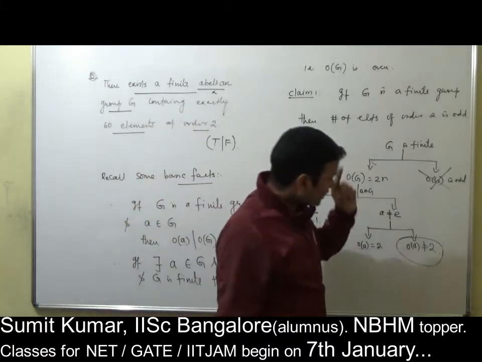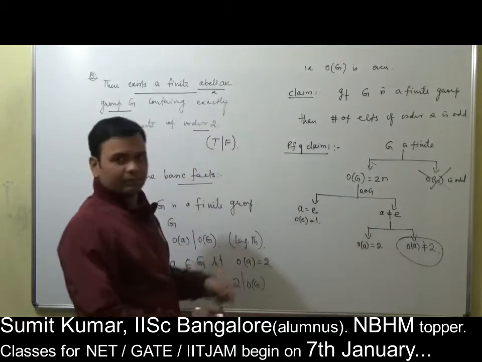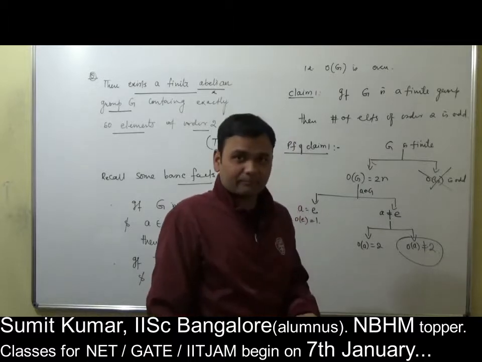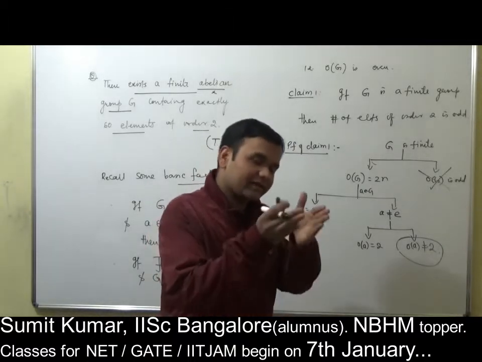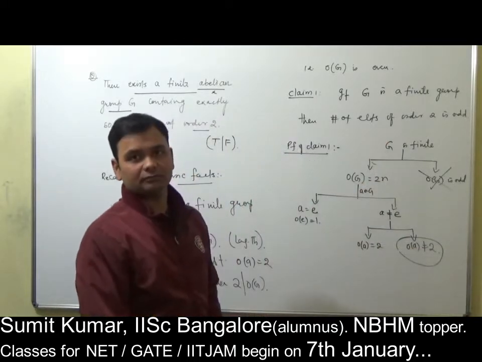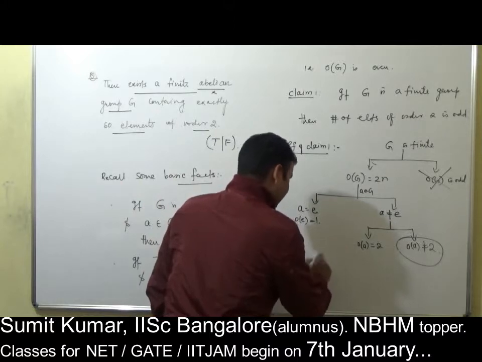So just try to prove that the number of elements in a group having order at least 3, that is, greater than or equal to 3, is even. Let me prove this.